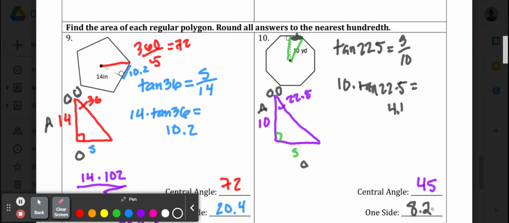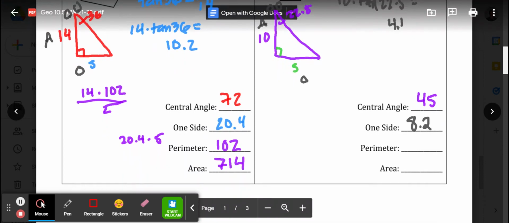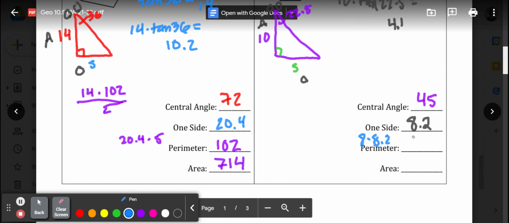It should be the whole side. And then the perimeter should just be 8 times 8.2, because we have 8 sides. That's going to give us 65.6.